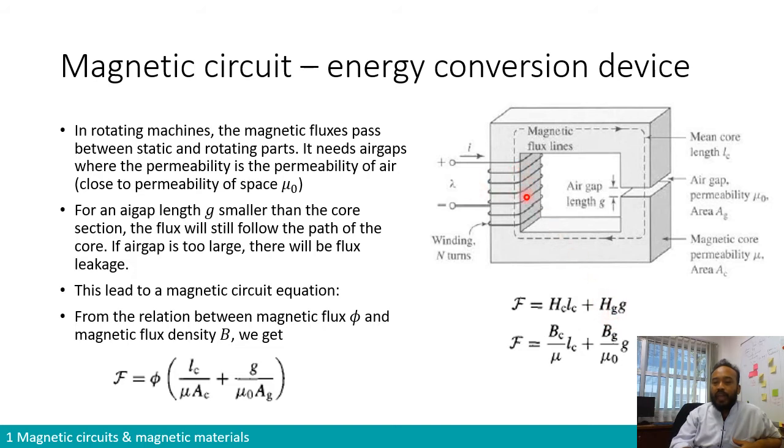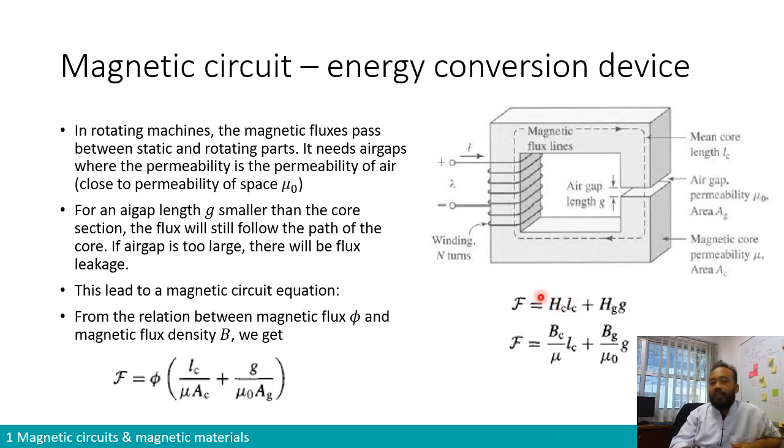So we don't only have Hc, which is the magnetic field inside the core, multiplied by the length of the core, but now we have another section, which will be the excitation now not inside the core but inside the air gap, multiplied by the length of the air gap, Hg multiplied by g. So now this leads to a magnetic circuit equation of MMF equal to HcLc plus Hg multiplied by g, right?